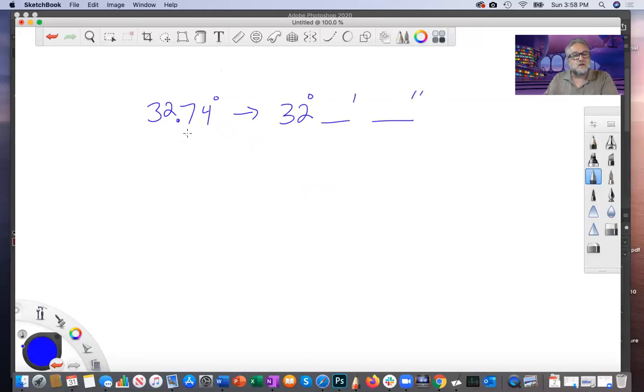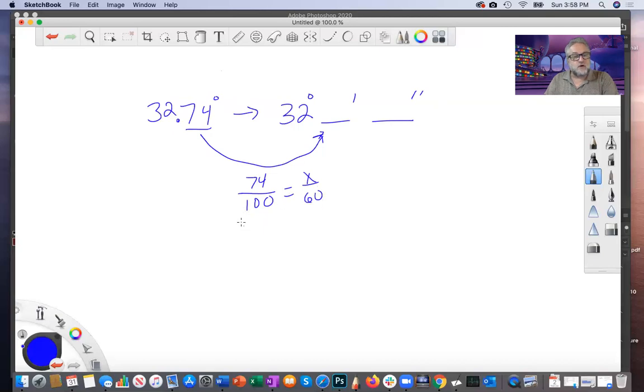So first thing, I take the 74 and I'm going to divide it. Since I have 2 digits, to get to minutes I'm going to do 74 over 100, because I have 2 decimal places, so I have 2 zeros. And I'm going to set that equal to x over 60.